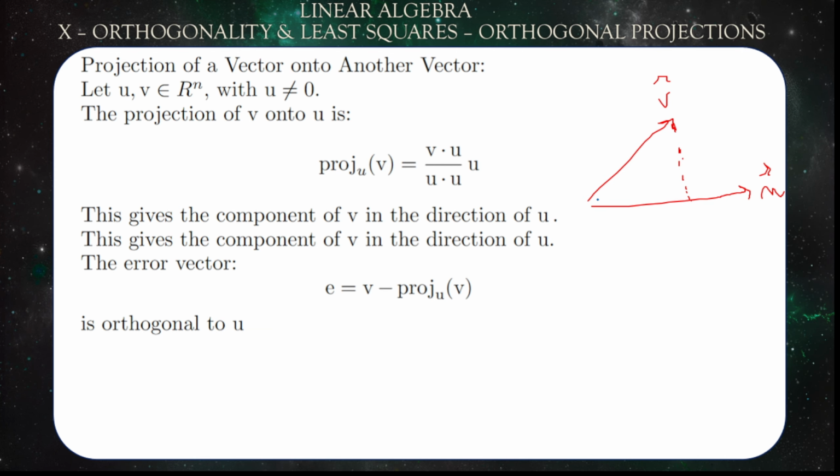This is what we mean by the projection of v over u. Let's call it v prime. That would be the projection. Mind you, it has the same direction as u, but a different length. It's like the shadow of v over u when the sun is above it, so to speak.